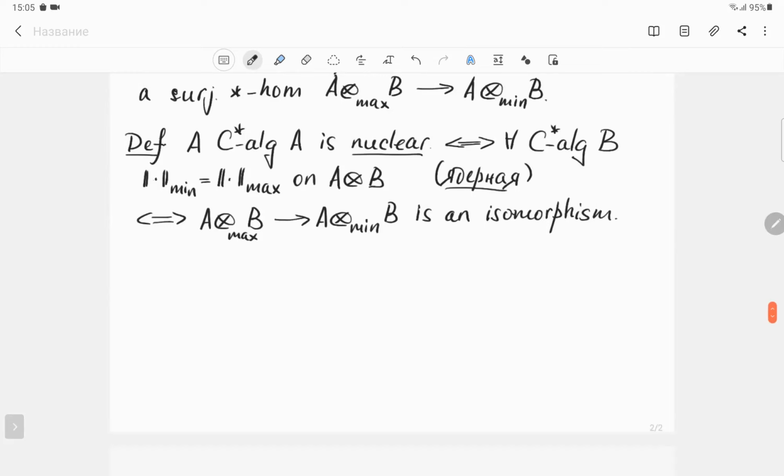Okay, so how about examples of nuclear algebras? In fact, we already know about one of the examples.